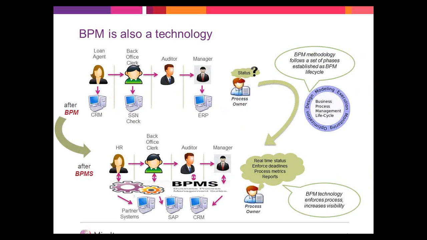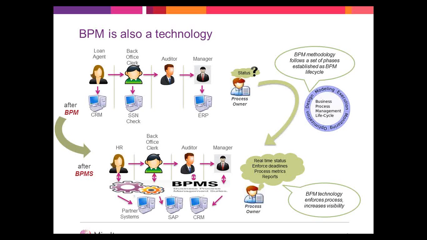But automation alone is not going to help in terms of achieving visibility or control over the process, or in terms of monitoring, or in terms of real-time states. So BPM suites provide everything in terms of real-time monitoring, in terms of analytics, and in terms of reporting.